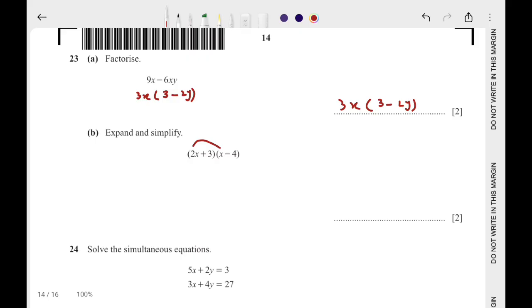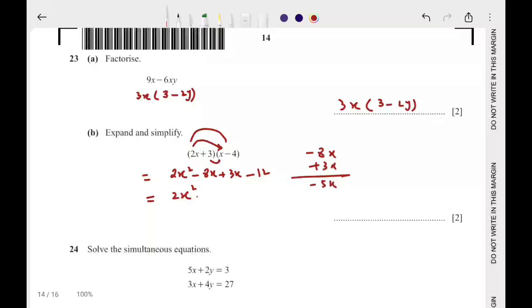So 2x times x would be 2x squared, minus 4 2s are 8x, plus 3x and minus 12. We have to collect like terms. So 2x squared minus 8x plus 3x would be minus 5x, minus 12. This would be the answer.